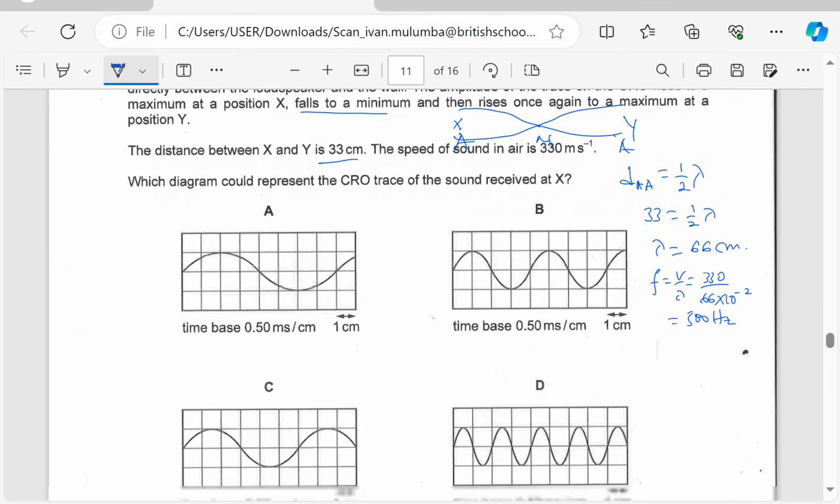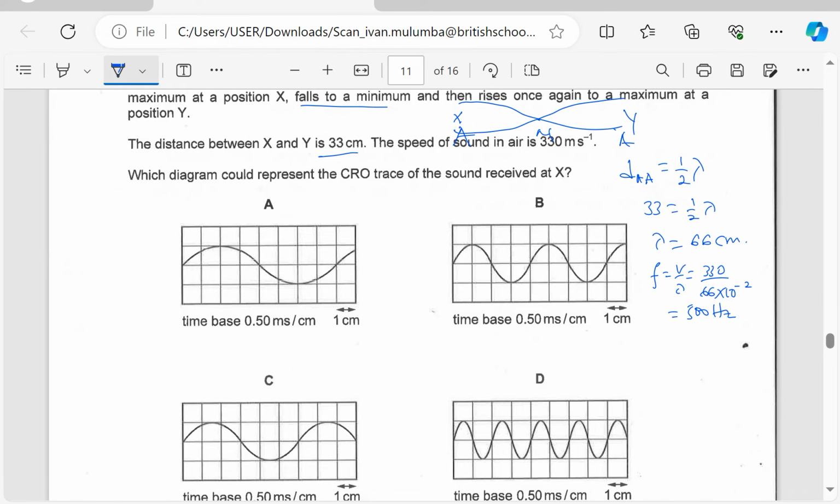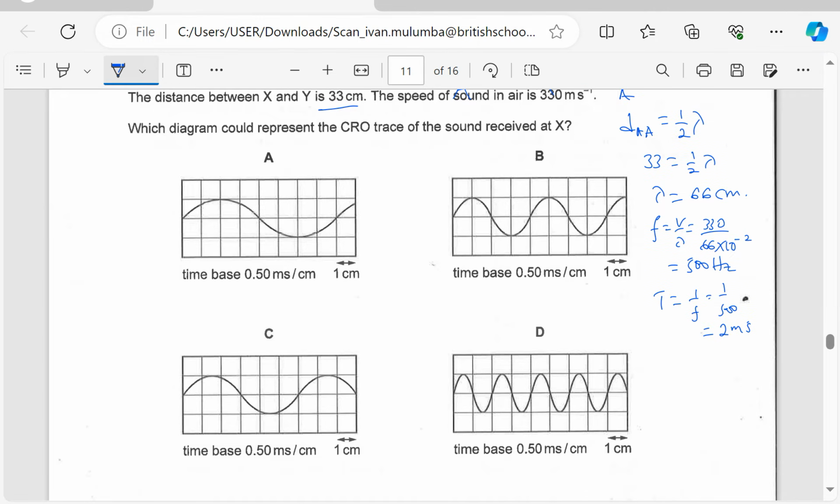So which of these graphs is going to give us the period? The period is going to be 1 over f, which is 1 over 500, which is 2 milliseconds.